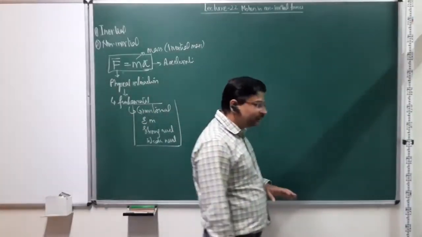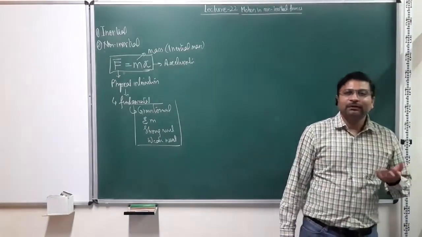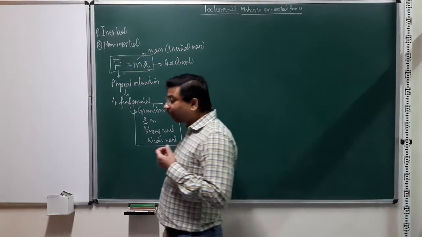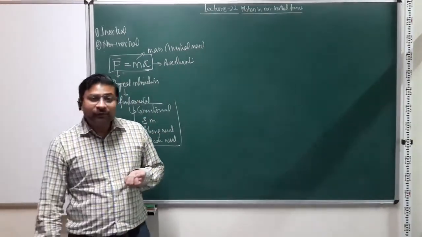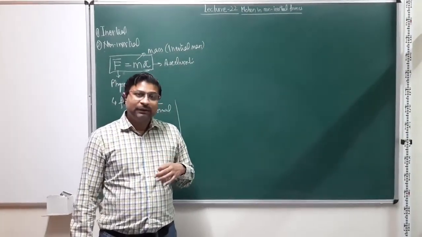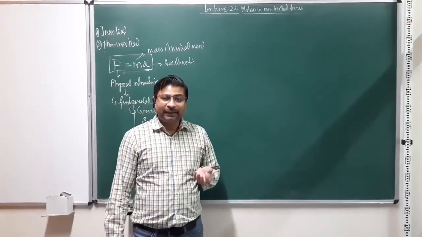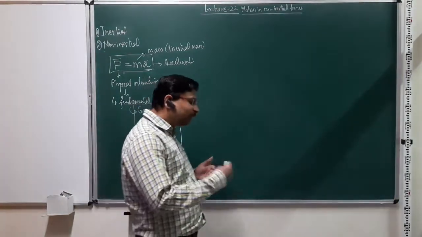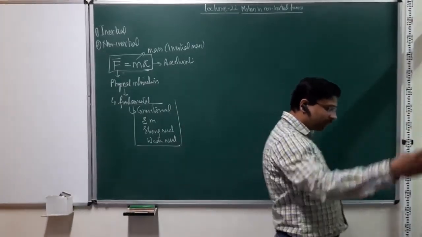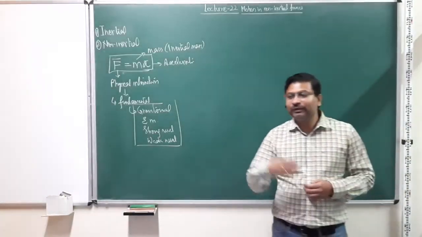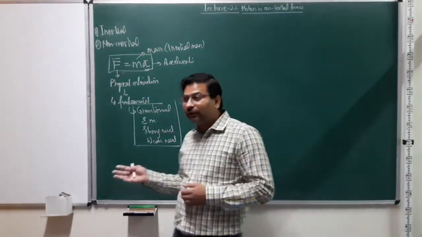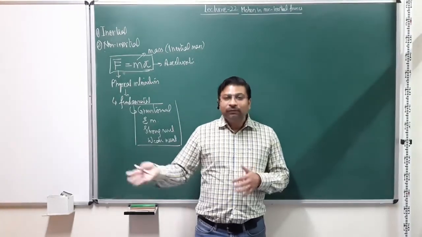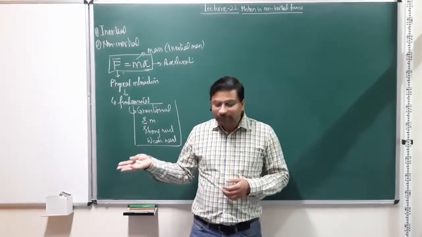Now, once we define the inertial frame, we can try to define what a non-inertial frame is, right? A non-inertial frame is one which is accelerating with respect to an inertial frame. All the frames which are constant in relation to one of the inertial frames, or moving with uniform velocity, are also inertial, but if there is relative acceleration, then one of the reference frames is going to be non-inertial.